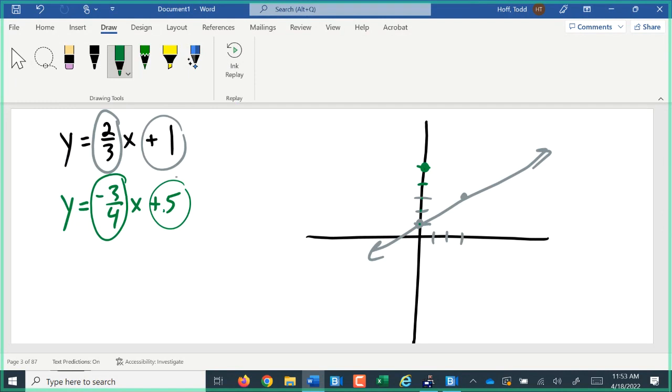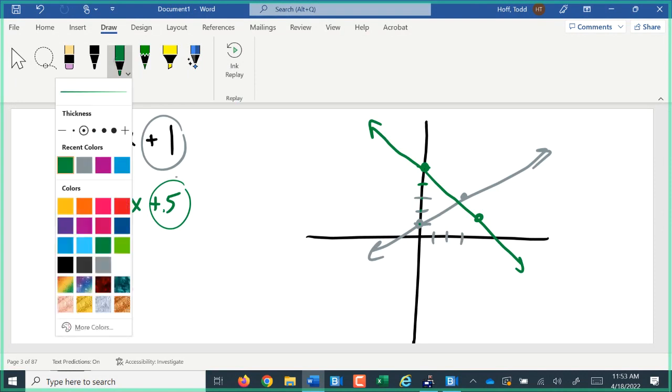The negative on a slope always goes with the rise. So instead of going up from that point, we go down 1, 2, 3. Our run, however, still goes left to right. So 1, 2, 3, 4 is our run, takes us to our second point. Our line goes through those points.